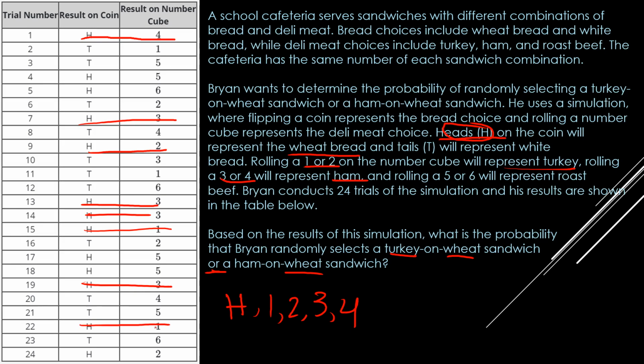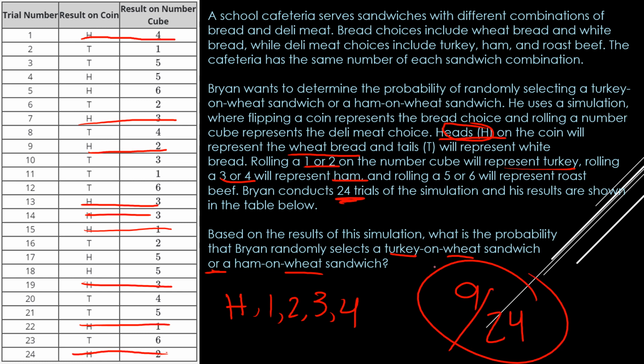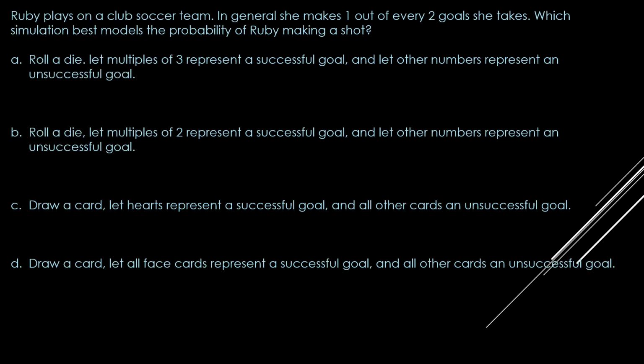Another one, and another one here. So let's count how many times that happened: 1, 2, 3, 4, 5, 6, 7, 8, 9. So it happened 9 times out of the 24 total that he did. So 9 over 24.